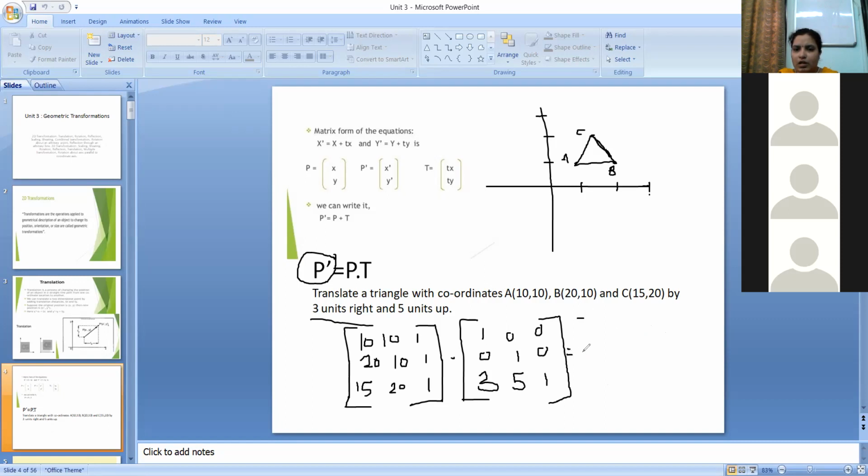So here I will be getting the result as 13, 15, 1. Then I will get here 20 into this, that is 23, 15, 1, and 15 plus 3, that is 18, 25, 1. So this is the resultant matrix I am going to get.